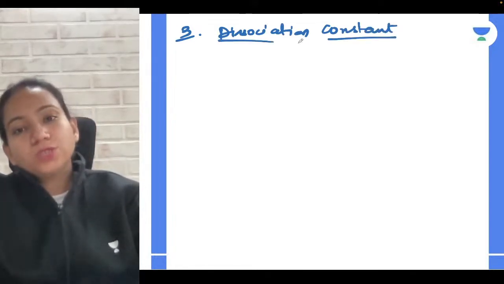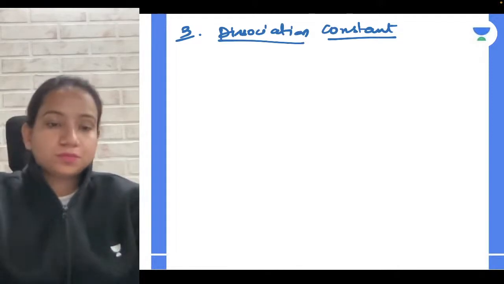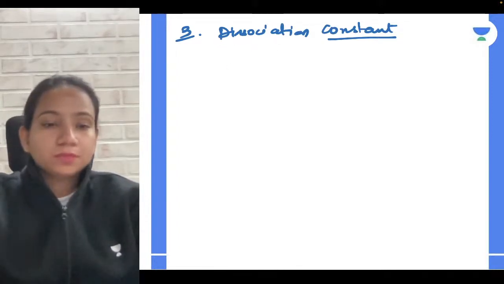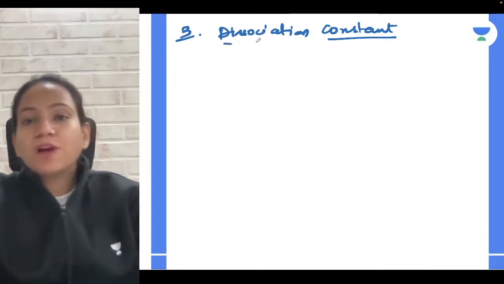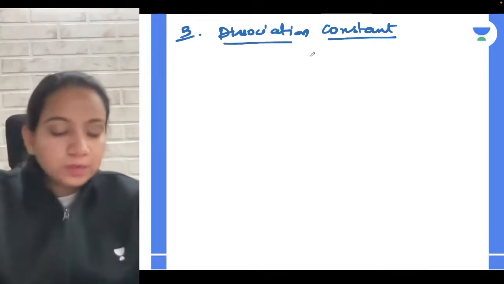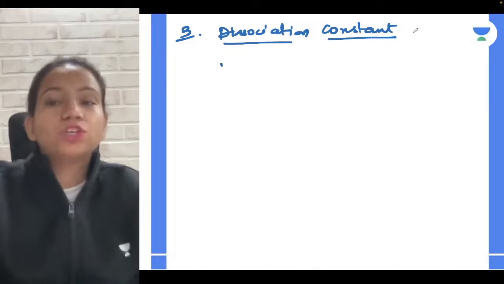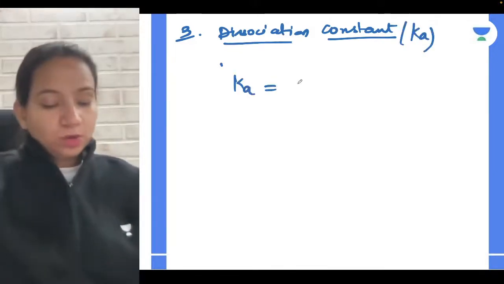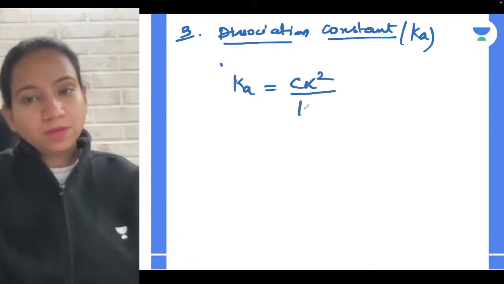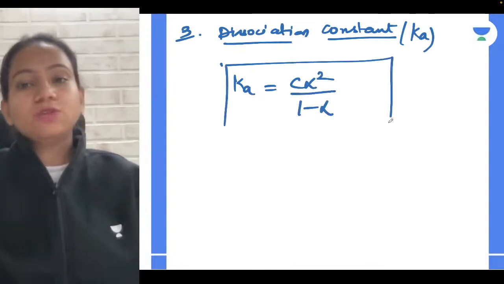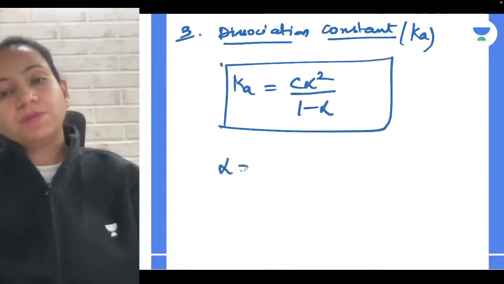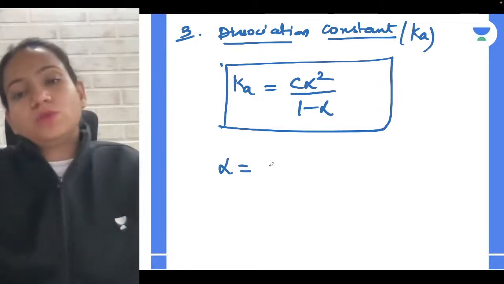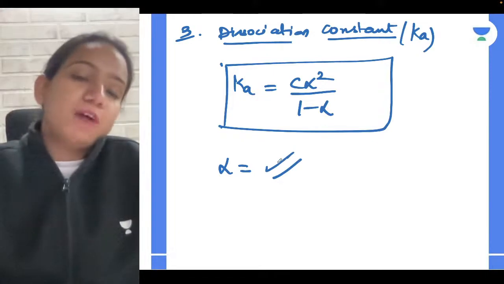So, talking about the dissociation constant. How can you find it out? With the help of i, you can find alpha. And with the help of alpha, you can find the dissociation constant, which we write as Ka. So Ka is equal to C alpha square divided by 1 minus alpha. And how do you get alpha? Depending upon whether it's association or dissociation, you get it with the help of i.